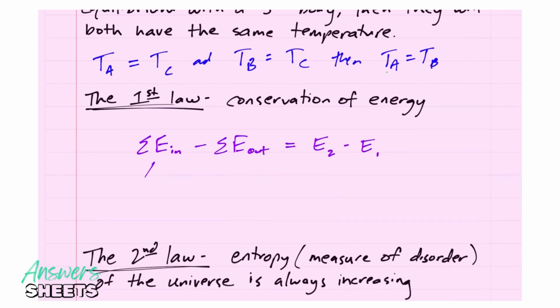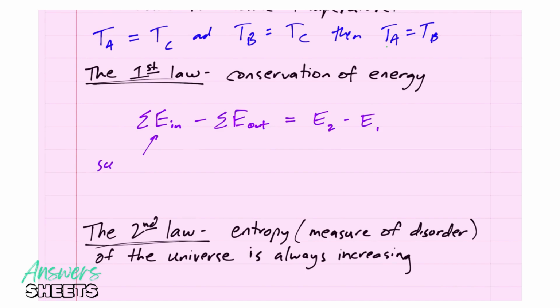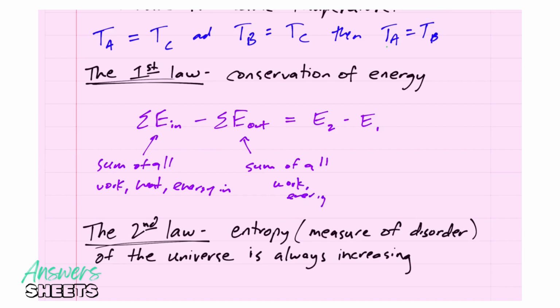All right, let's write this in words. The sum of all the work, heat, and energy in, minus the sum of all the work, heat, and energy out, would be equal to the change in energy. So this is the final energy minus the initial energy.